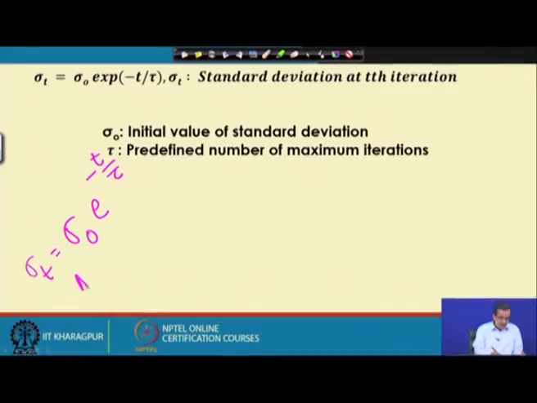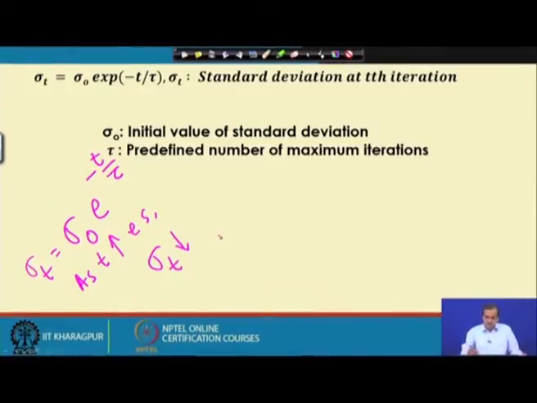So, as t increases, that means as iteration proceeds, what will happen to this particular sigma_t? The sigma_t is going to be reduced. Initially there will be a higher sigma_t, and with the number of iterations the sigma_t is going to be reduced. Now, what does it mean?